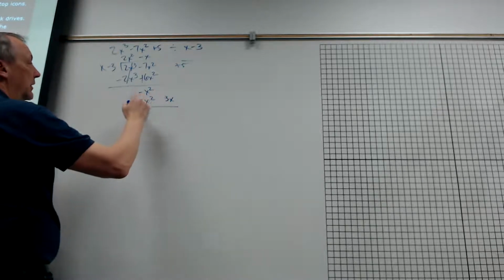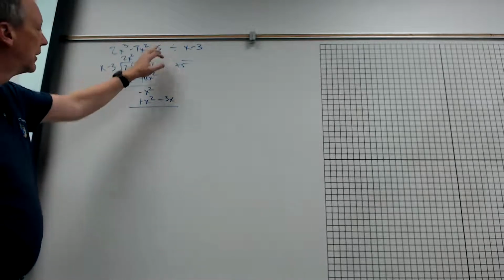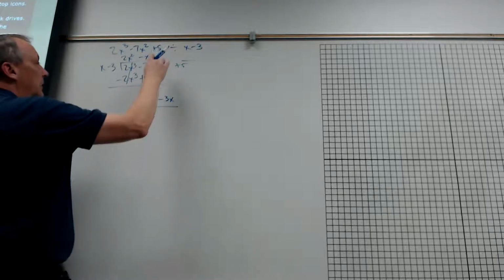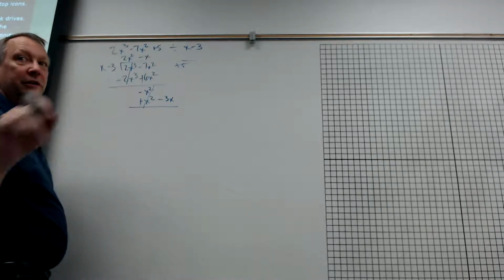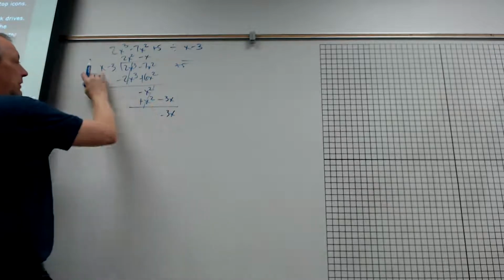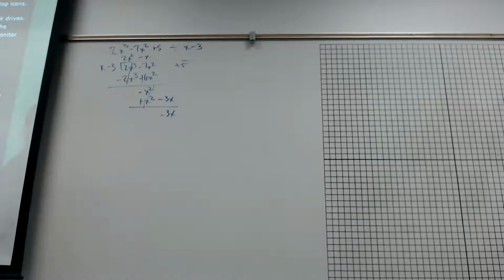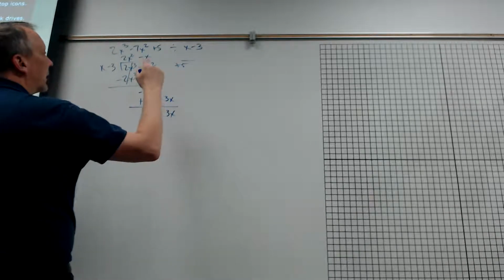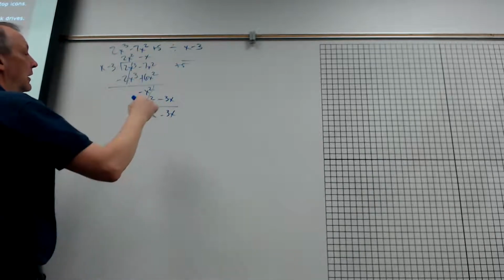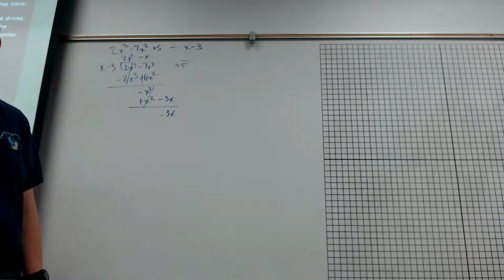Now I'm going to change my signs, okay? Got a 0 here, right? So the x squareds go away. 0 minus 3x is negative 3x. Does x go into negative 3x? How many times? Once. X times what is negative 3x?